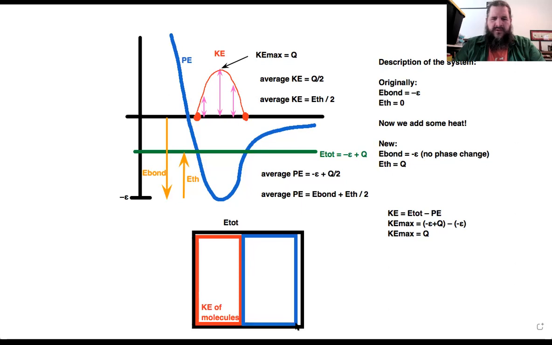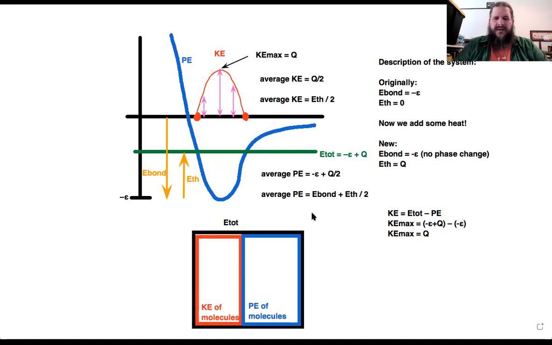And together they add up to E total. But you could also split up the E total by thinking of it in terms of, sorry, the thermal energy and bond energy.